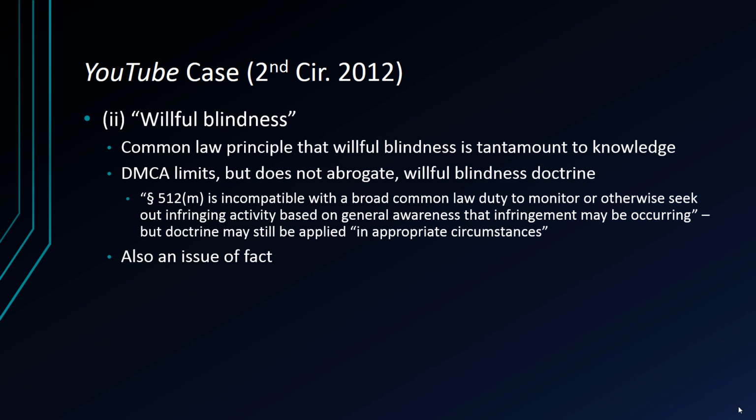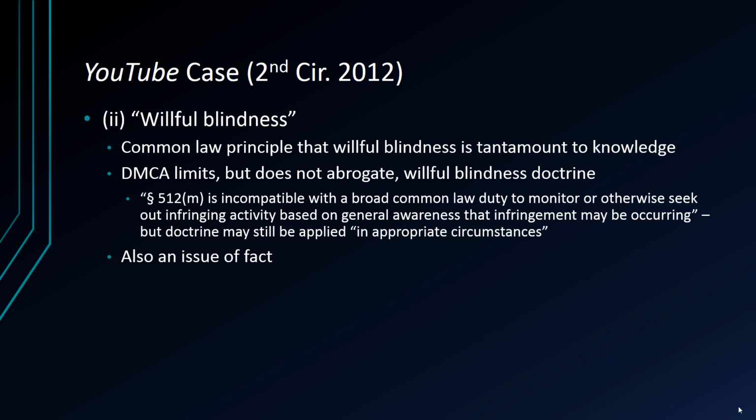But if that's the case, the Second Circuit says, then the whole purpose of the DMCA collapses, because the whole idea is to make the provider, the internet service provider, the Web 2.0 provider, be just a neutral platform and make the user primarily responsible for infringing content.